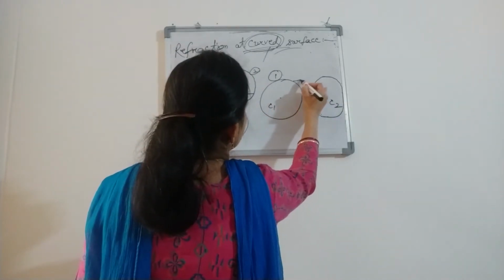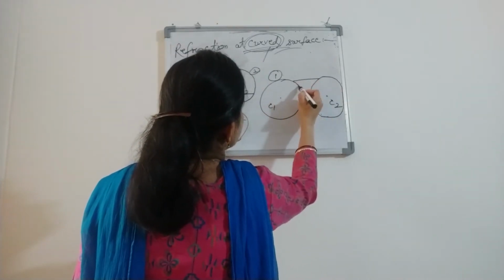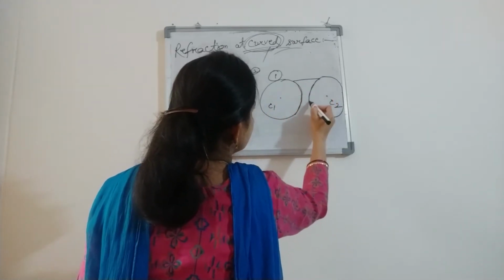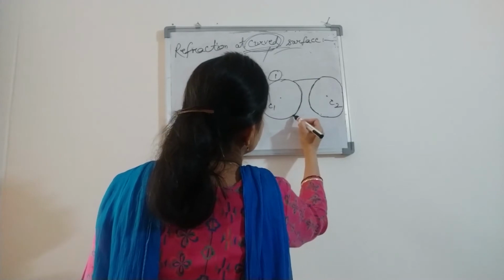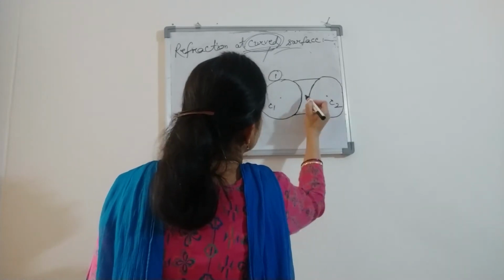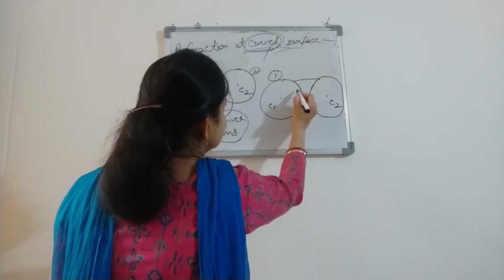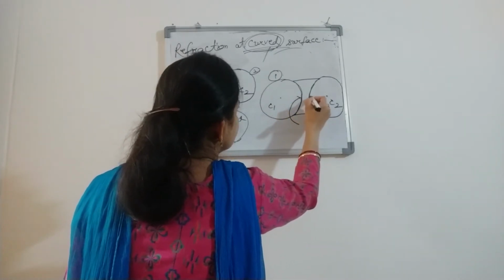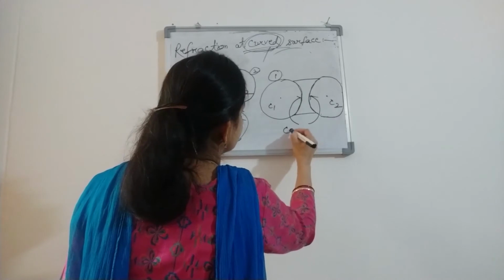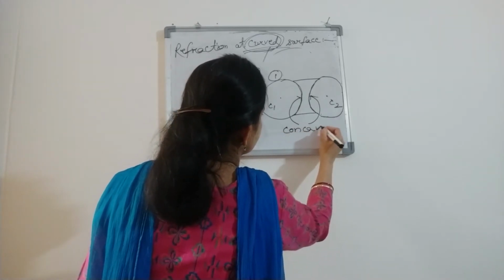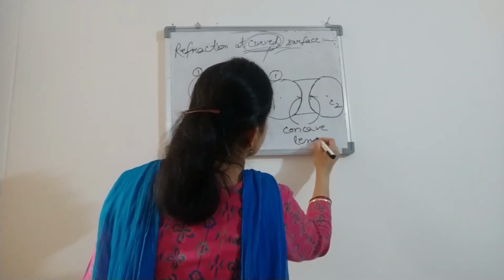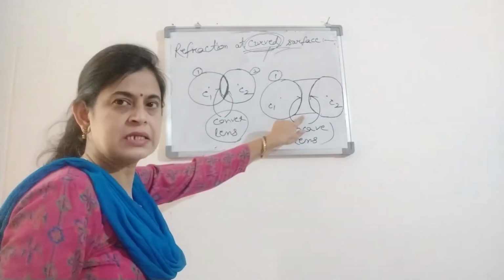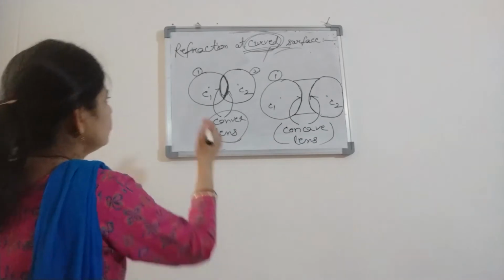Now if you join like this, this is one spherical surface and this is another spherical surface, then this is your concave lens.